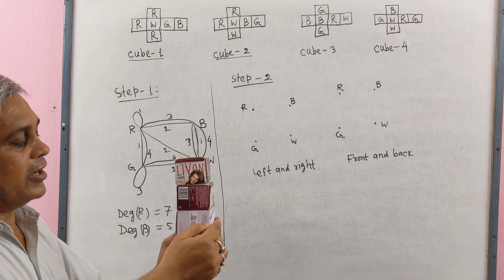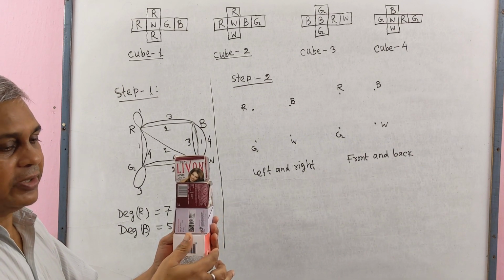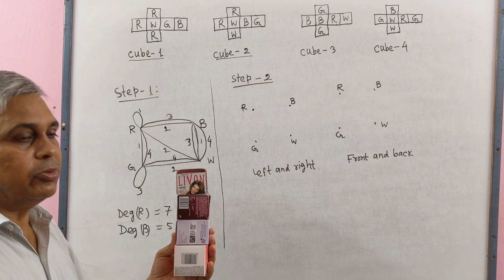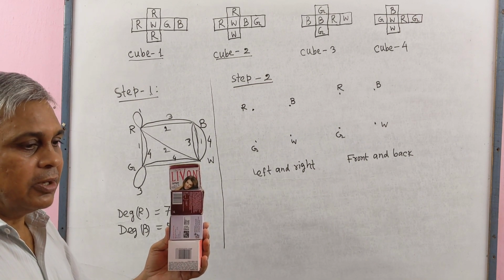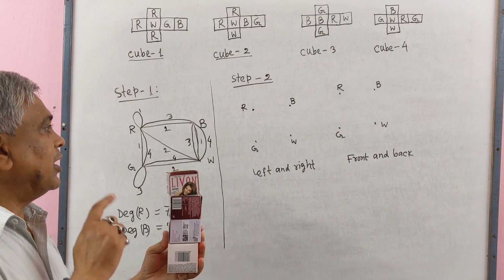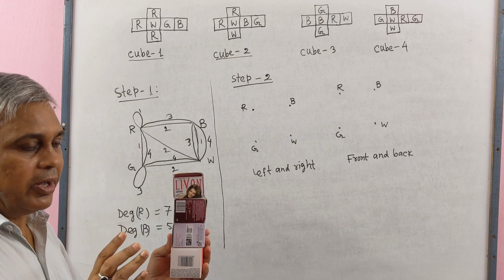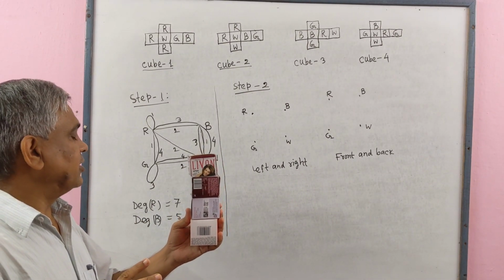Left face joins the right face, one edge. Left face joins the right face, one edge. Only 4 edges. So we have to get a subgraph with 4 colors RBGW as 4 vertices and 4 edges.